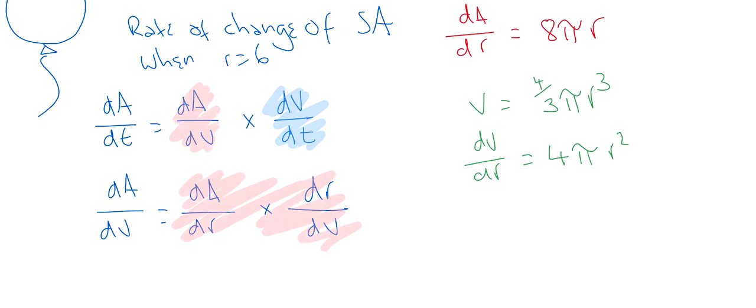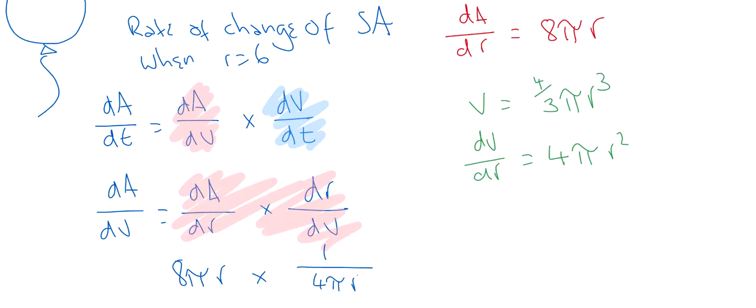Okay, so let's try and do this. dA dr, do we have that? Good, we've got that up here. We said that that was 8 pi r. Do we have dr dV? It's the inverse. This is dV dr. We need dr dV, so it's actually 1 over 4 pi r squared.